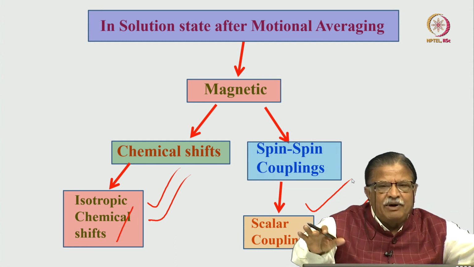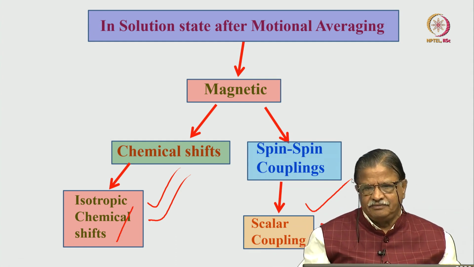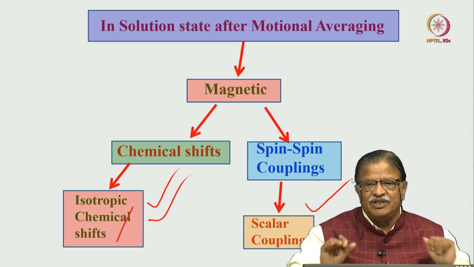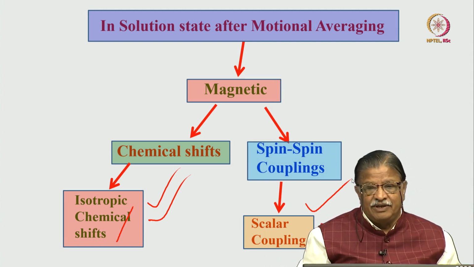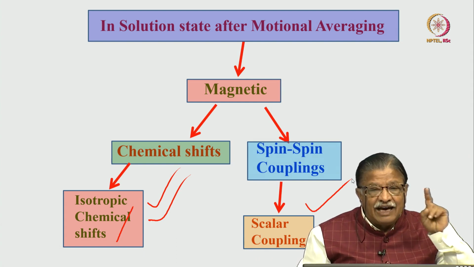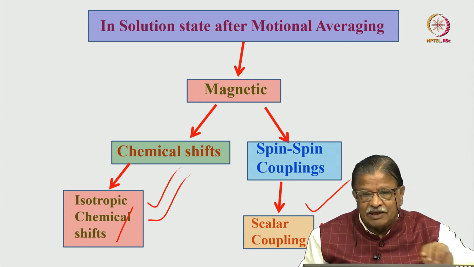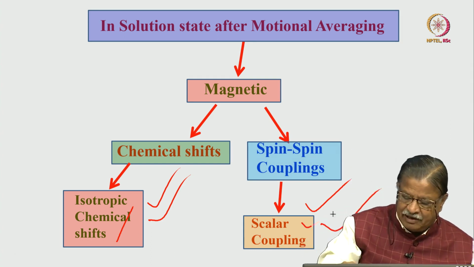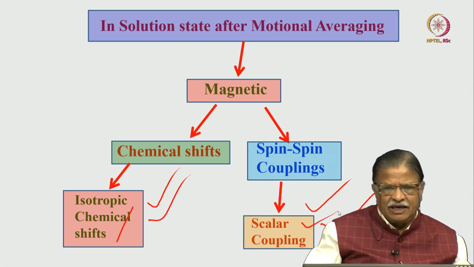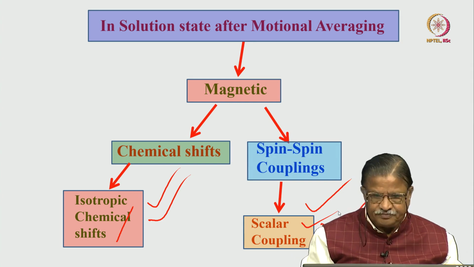Every interaction parameter in NMR is anisotropic. But when you are dealing with solution state NMR, the anisotropic component will be averaged out and we are left with only isotropic chemical shift and isotropic scalar coupling also. The anisotropic part of this scalar coupling is averaged out.